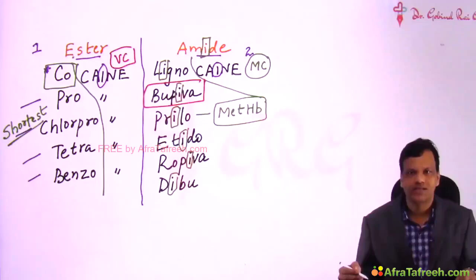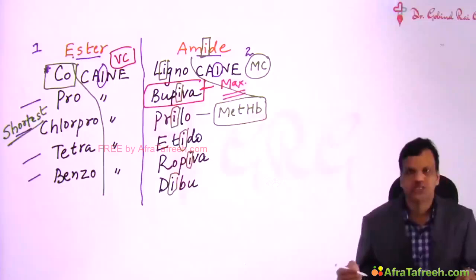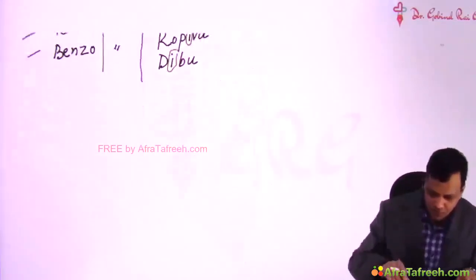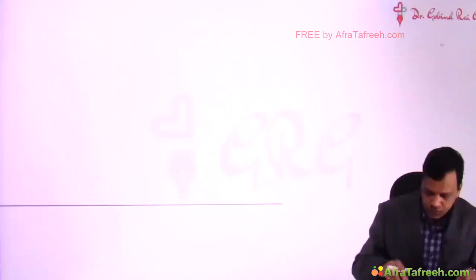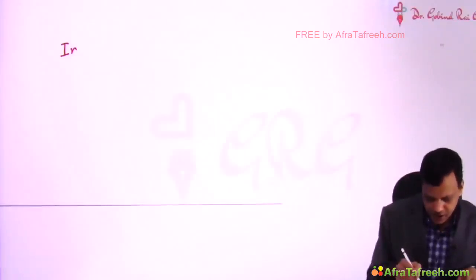Remember, all local anesthetics, if they enter the heart, can cause arrhythmias. Bupivacaine is maximum cardiotoxic. Highest cardiotoxicity is noted with bupivacaine. Clear? These are some of the important points. Now we will move to one special use of local anesthetics, which we say is infiltration anesthesia.